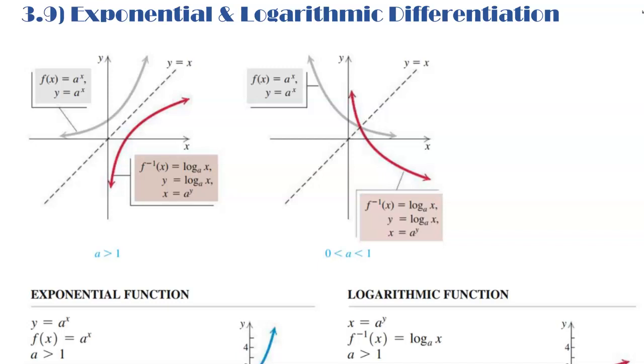One of the key things to remember is that a logarithm is the exponent of an exponential function. So if we're dealing with y equals some number to the x power, then the corresponding inverse will be a logarithm.